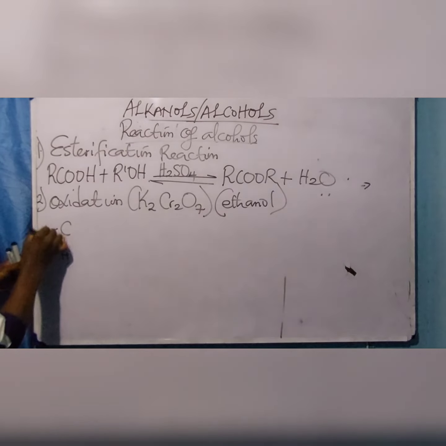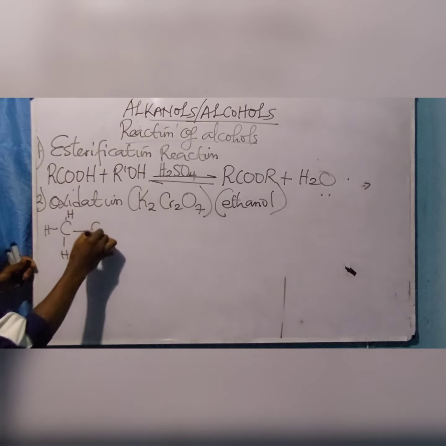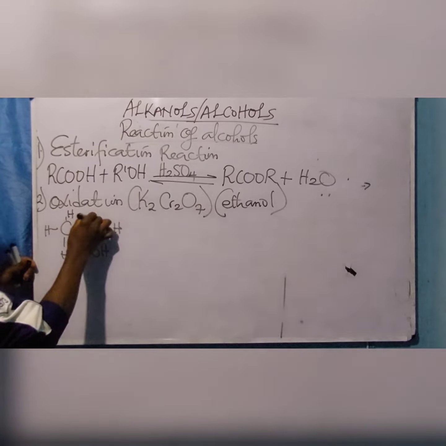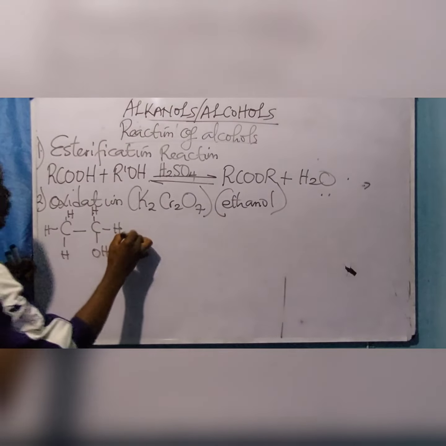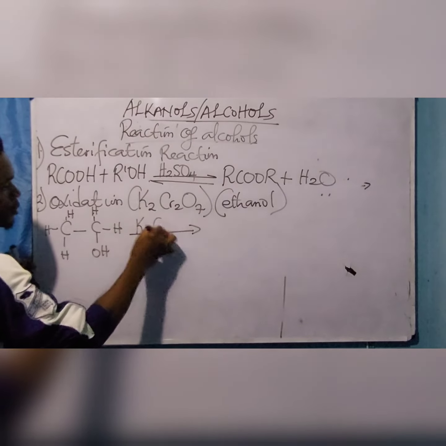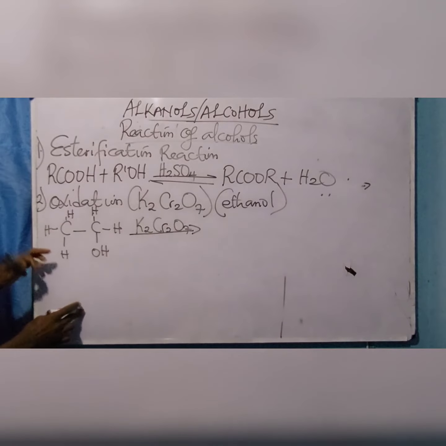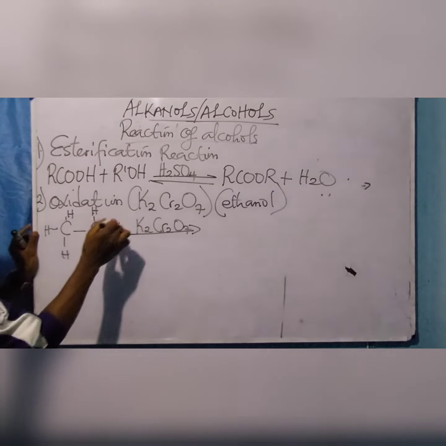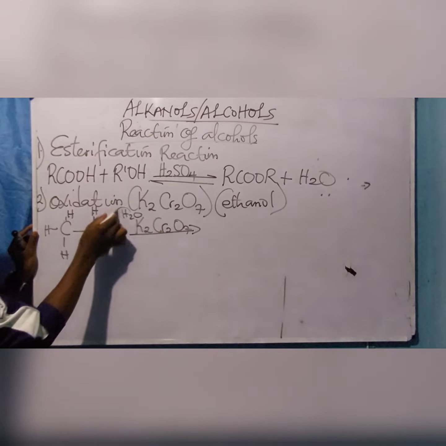Now I have OH, H, and H. This is a primary alcohol. In the presence of potassium heptaoxodichromate(VI), it will produce alkanal. Now, during oxidation, there is a removal of hydrogen.